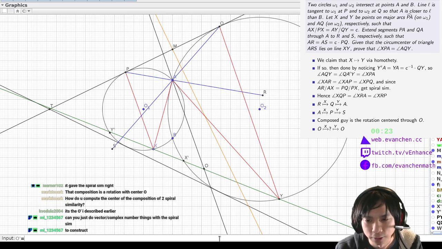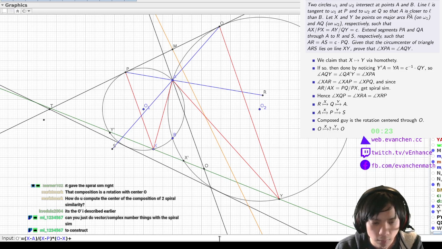Good idea. So the O prime is the image through a spiral sim centered at... Okay, let's check that worked.